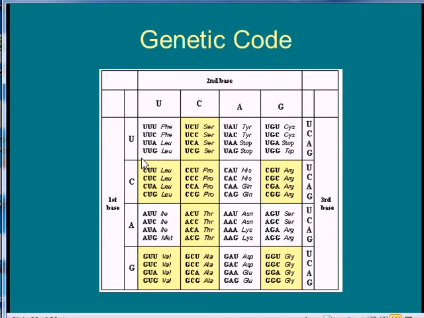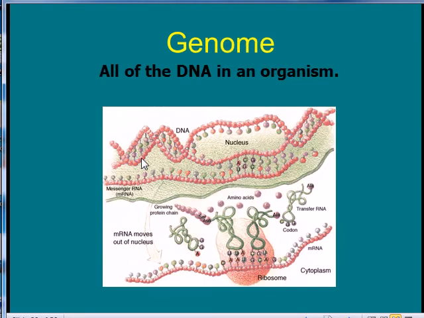The genetic code. This is an important breakthrough as well. This table relates the DNA to the amino acids. And remember, a codon is a word made up of 3 nucleotides. Those codons code for a particular amino acid. There may be 64 possibilities, 4 times 4 times 4, for 3 letters long, but there are only 20 amino acids found in life.